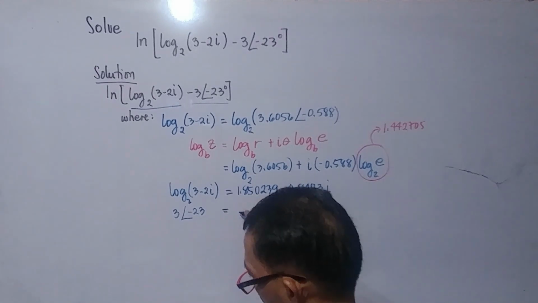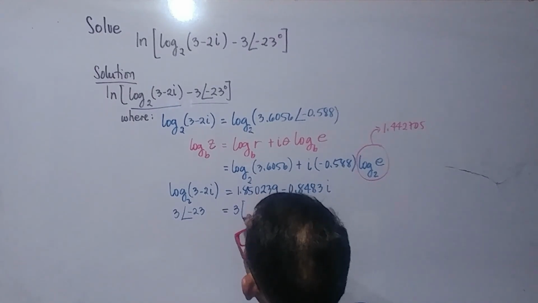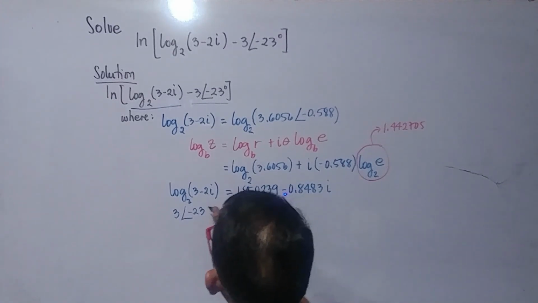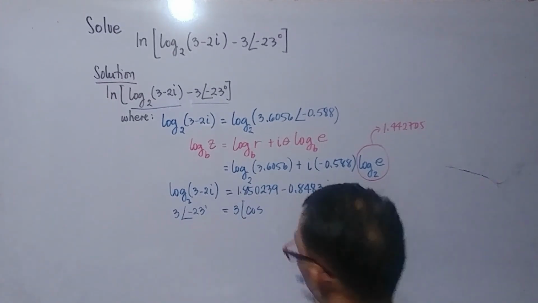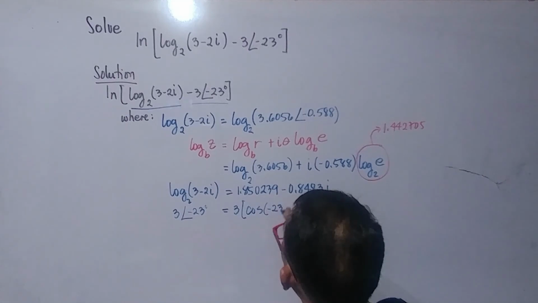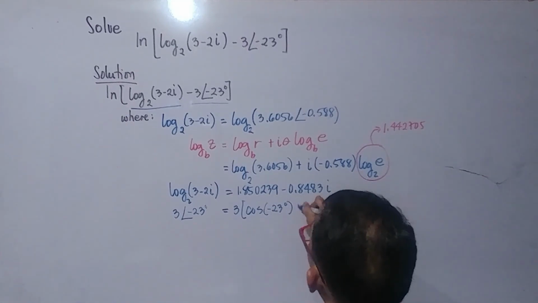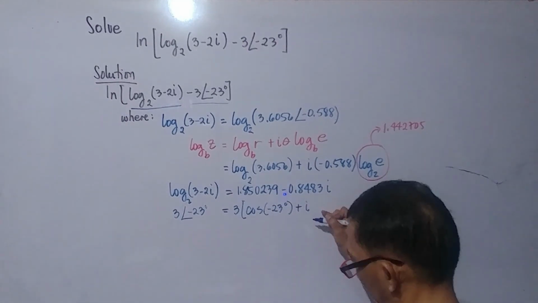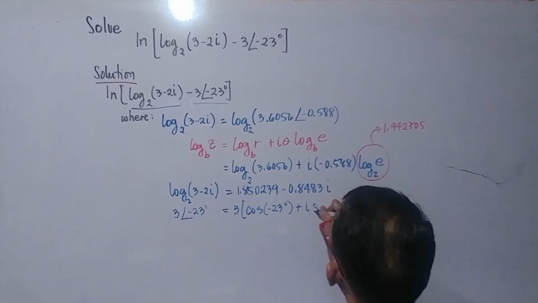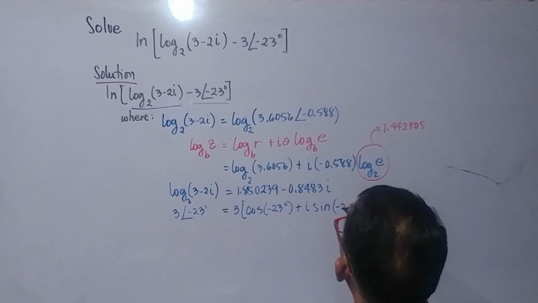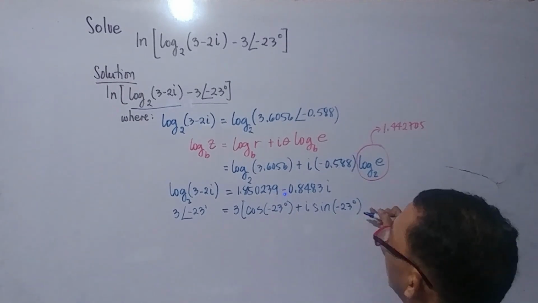So we have 3 times the cosine of negative 23 degrees plus i sine of negative 23 degrees.